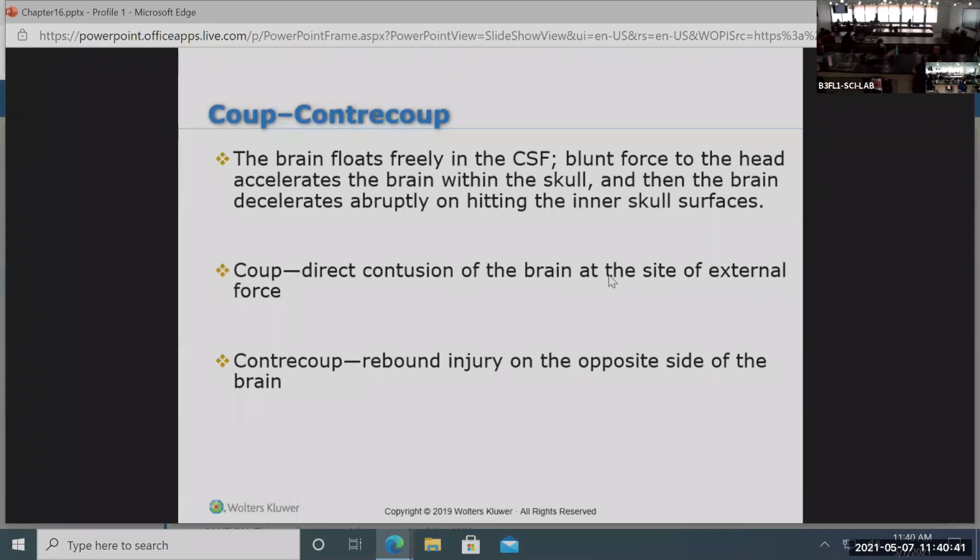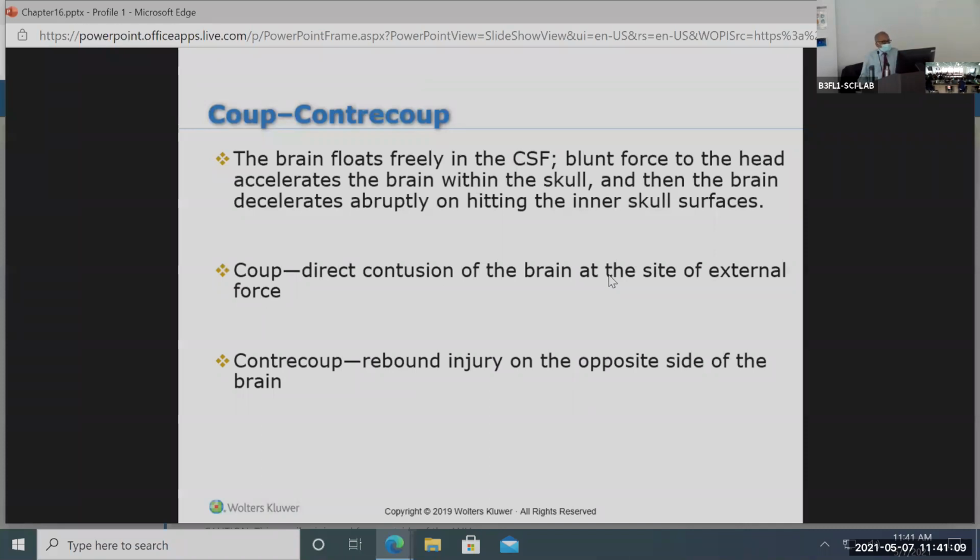Whenever there's a blunt force to the head, it accelerates the brain within the skull, and then the brain decelerates, stopping abruptly on hitting the inner skull surfaces. That's the question of coup, and the opposite side is counter coup.